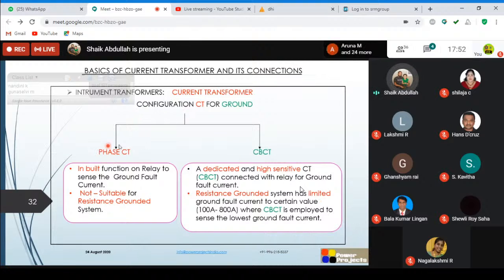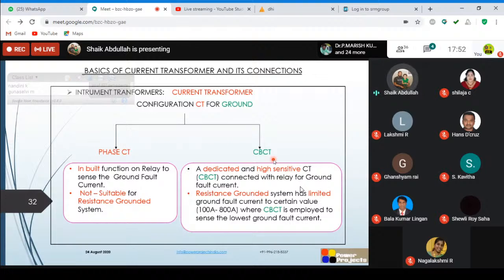Sometimes phase CTs can be used for ground operation, and otherwise you will have your sensitive current transformer. A sensitive current transformer is nothing but a core balance current transformer.